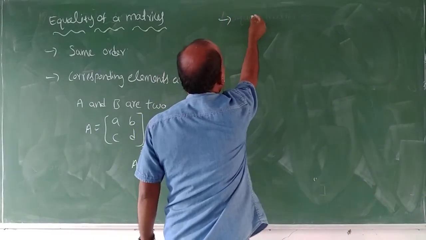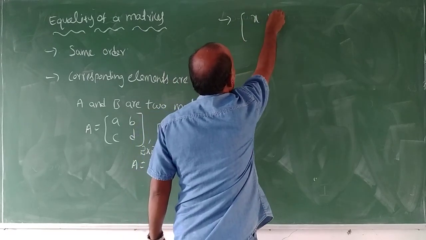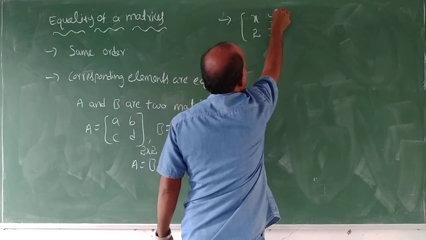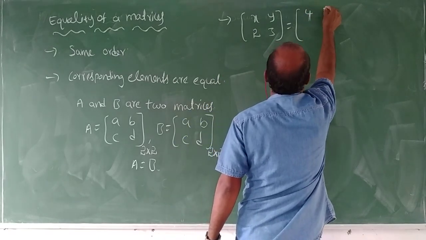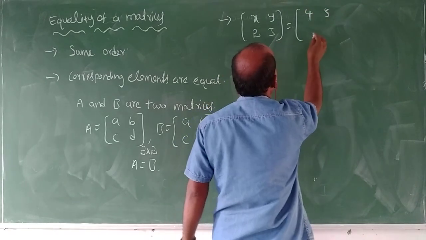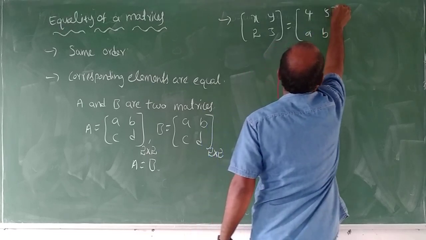Next question: the matrix 1 4, x y, 2 3 equals 4 5, a b.